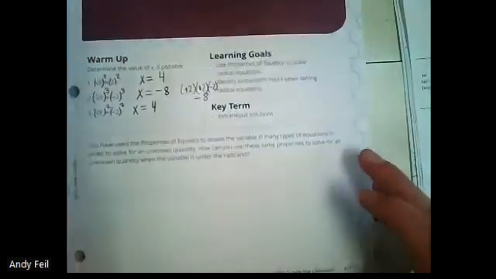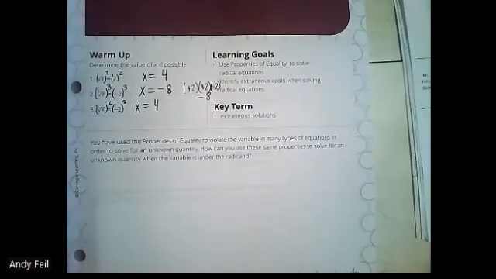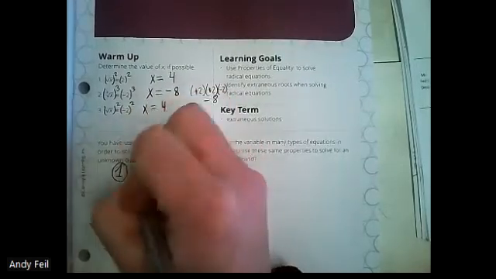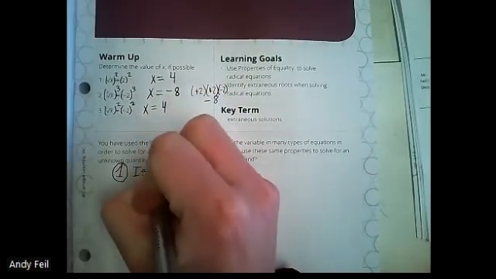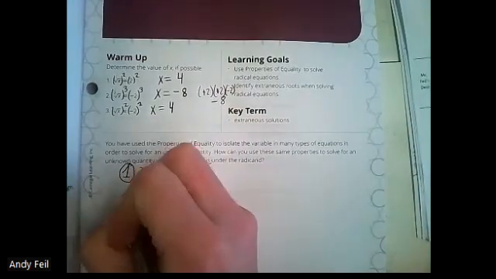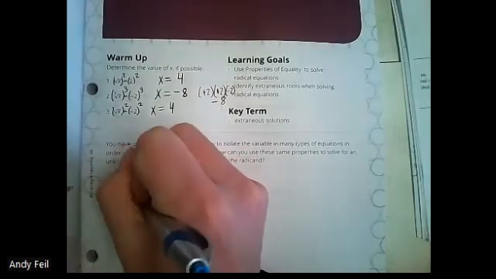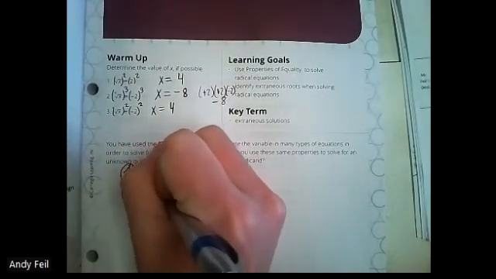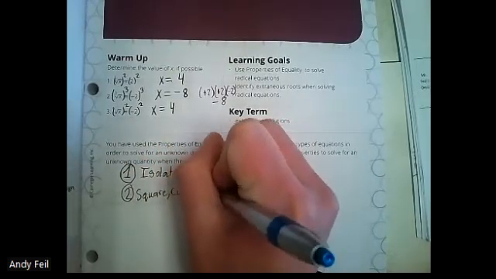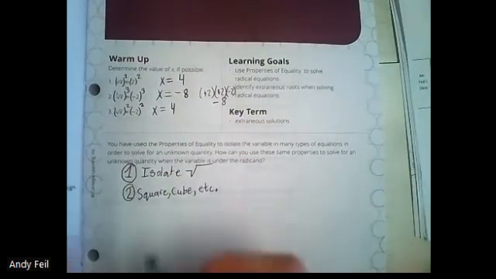So now we have this big area for notes. We know how much you love steps. So step 1, isolate the radical. Step 2, square it, cube, etc. Depending on what it's asking, you might have to square it, cube it, whatever it is.